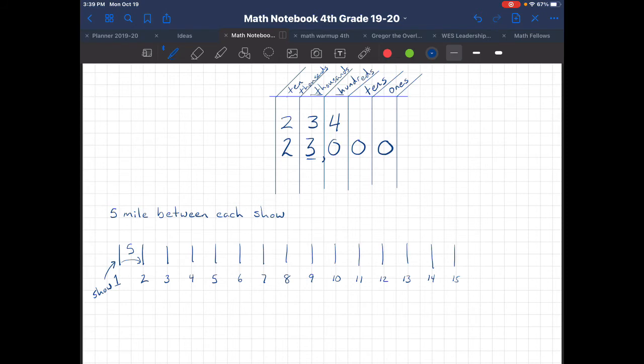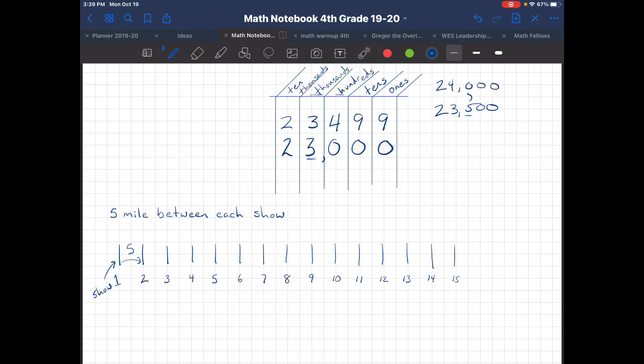And then can I go any higher than these and still have it round down? Yeah, I can. I can go to 499. That is the greatest number I can go and still have it round down to 23,000. Because if I went to 23,500, that 5 would tell me to round up, and it would be 24,000.